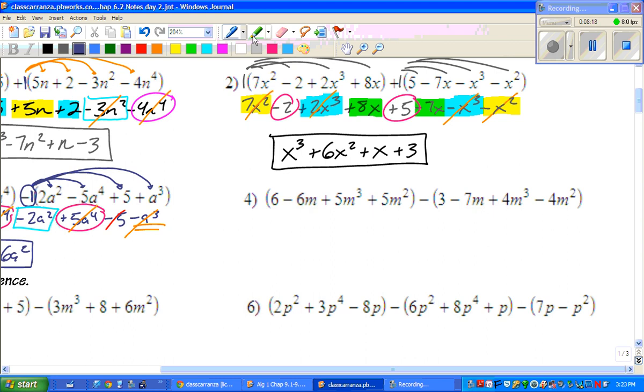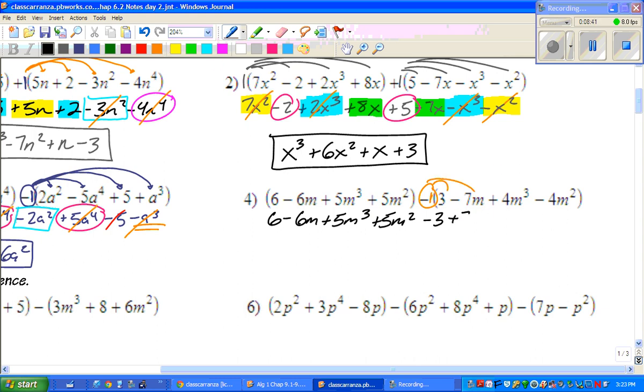All right, let's do one more together. So this first part just stays the same. All right, and now we're distributing a negative 1. So you get negative 3.